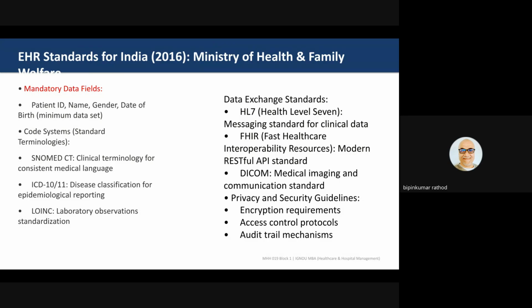And a communication standard and other relevant guidelines about the privacy and security of the record, like encryption, audit trail and so on. But this is the document that I recommend you read to understand how EHR standards are evolving in the hospital.